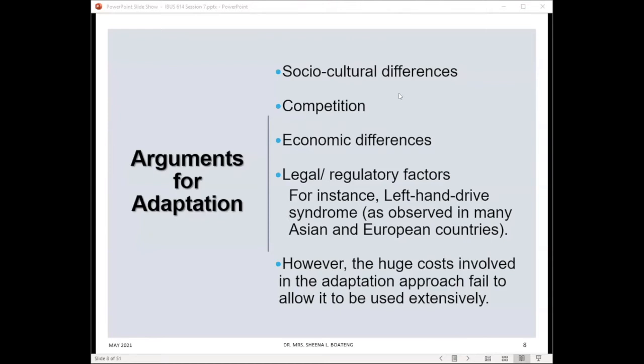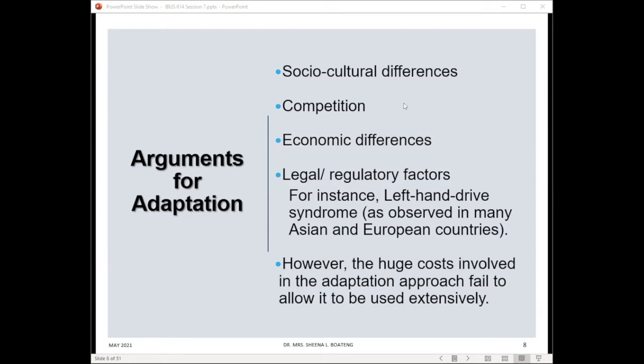Primary among these include the language that people speak, their education, their socialization, their age. All of these things influence how they approach the consumption of various products and services. And because of that, firms cannot escape the application of adaptation into their global marketing activities.